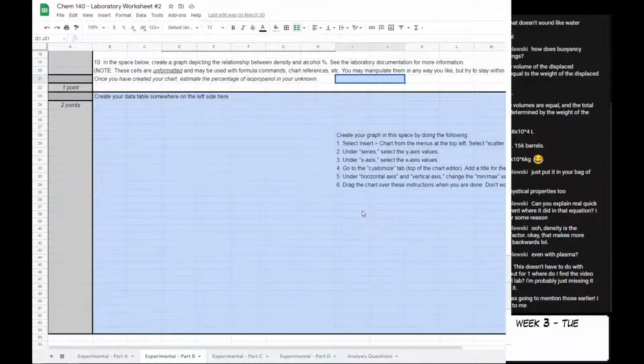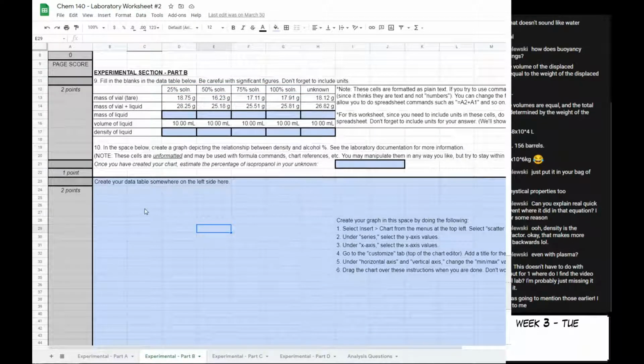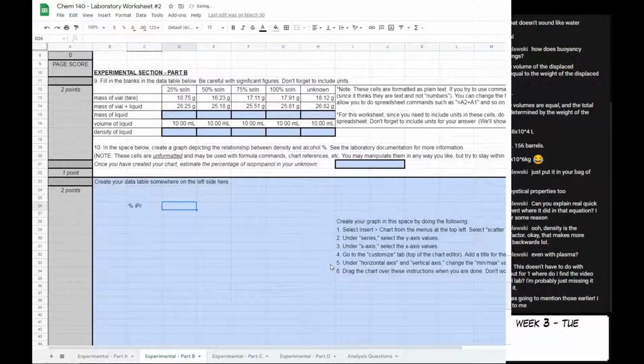You're going to make a data table. First you want to plot density on the y-axis and then percent of isopropanol on the x-axis. So I'm going to report that right here. We'll say percent isopropanol. I'm just going to call it IPR because that's the abbreviation that inorganic chemists use, and I'm an inorganic chemist. And then we'll do density, in grams per milliliter.